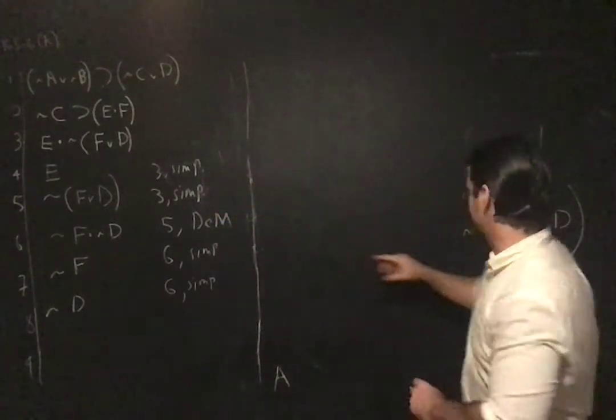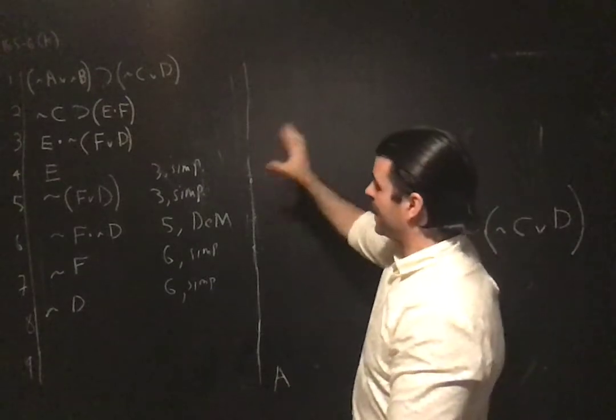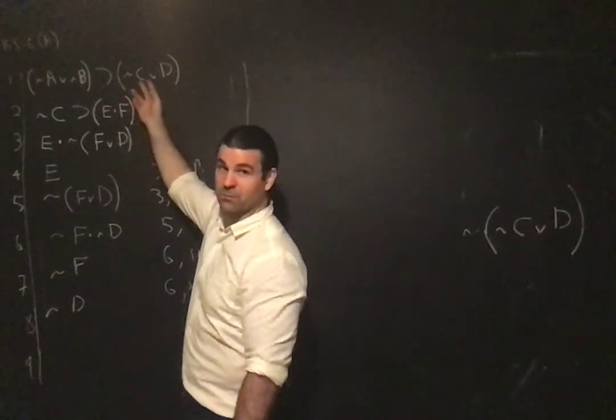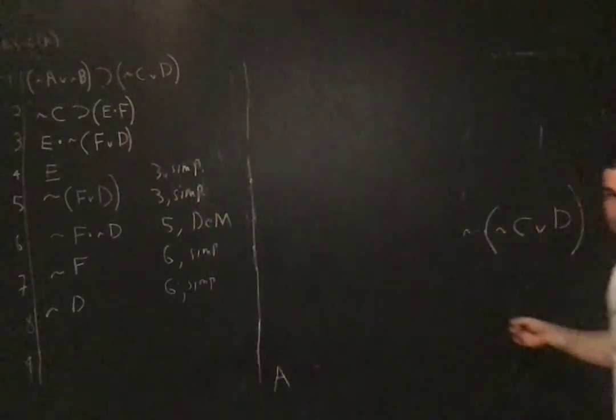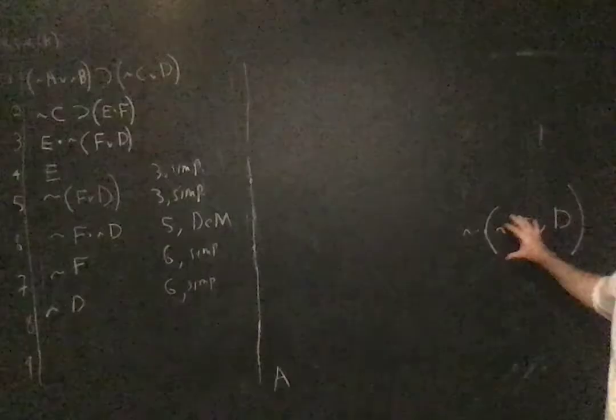No, it doesn't. There's no not C or D part anywhere else except for exactly 1, which is the one we were using to realize that this is what we need.